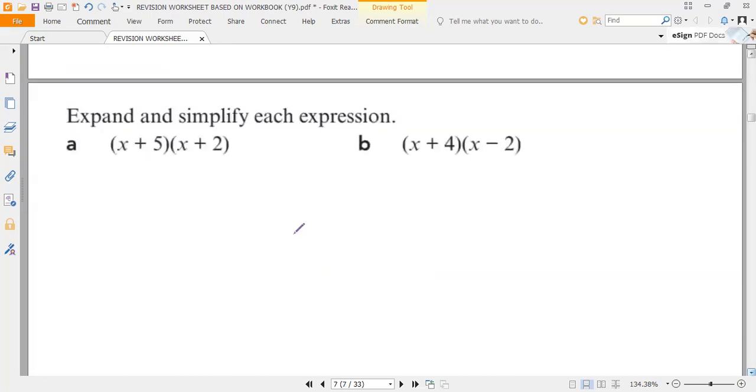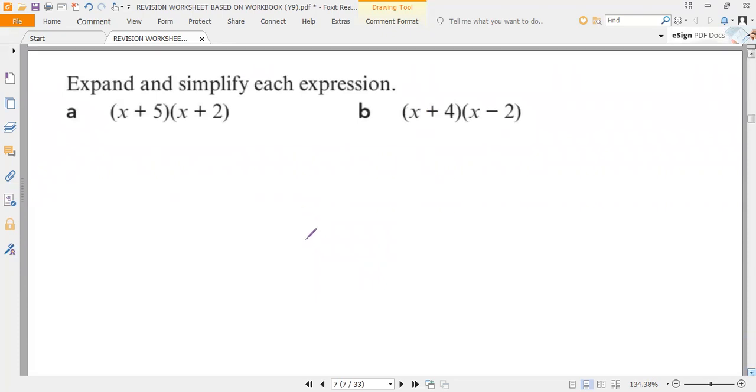Moving on to expanding two brackets. The first question is plus and another plus. Very easy. And the second question is plus with another negative number here, -2. Be very careful when that is selected. So x times x is x squared.